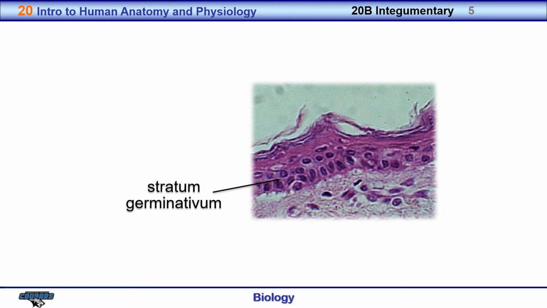And the older cells of the epidermis are filled with keratin, which is just a waxy protein that fills these outer cells, and then the cells will die. And these dead cells form the outer layer of the epidermis, the ones that we flake off, and it's called stratum corneum.